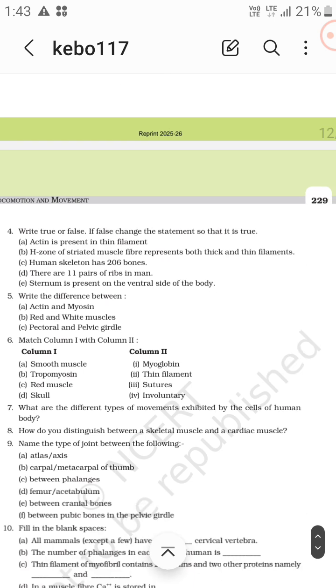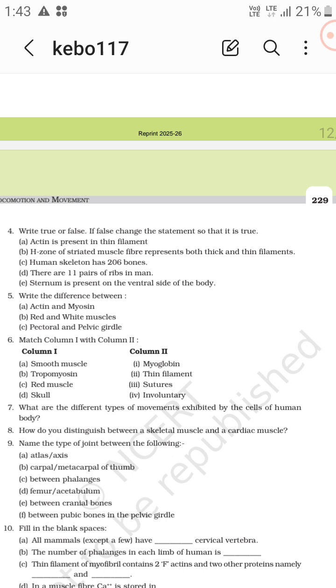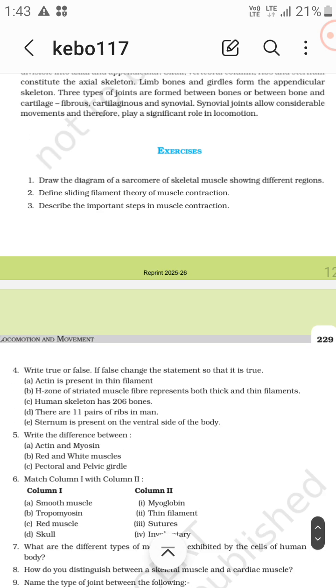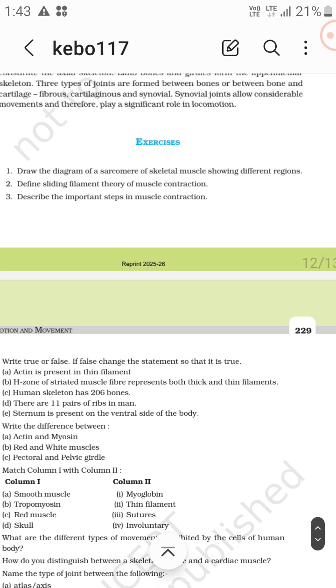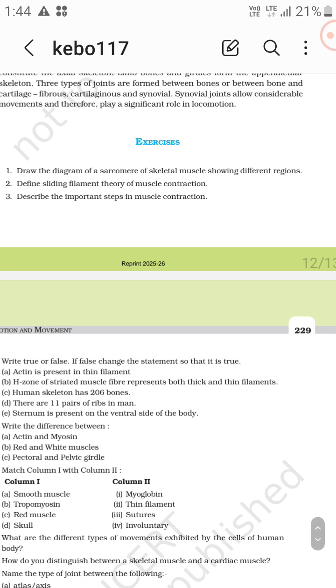The important step is the pulling of the actin filament towards the myosin, right?